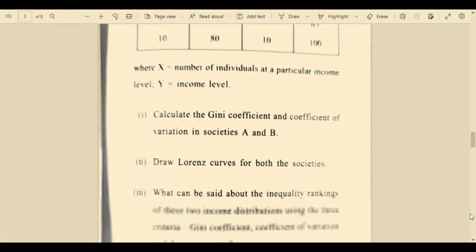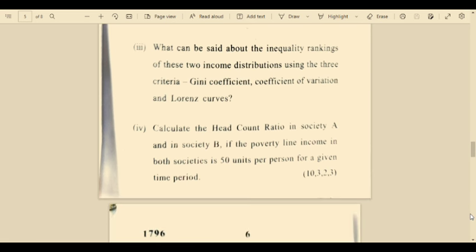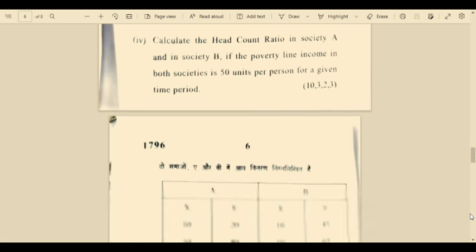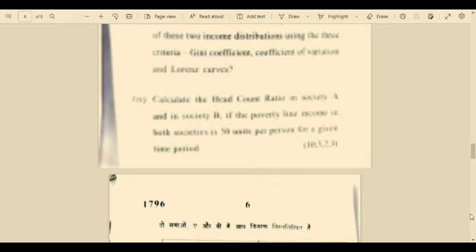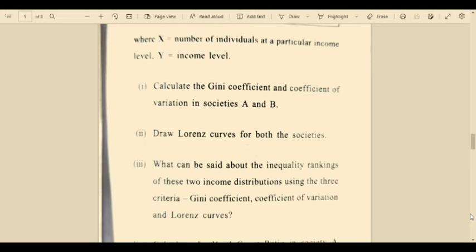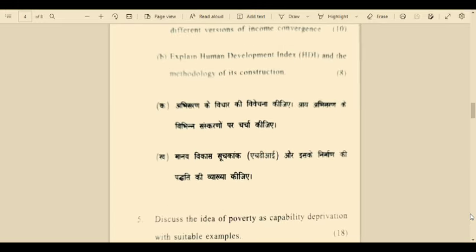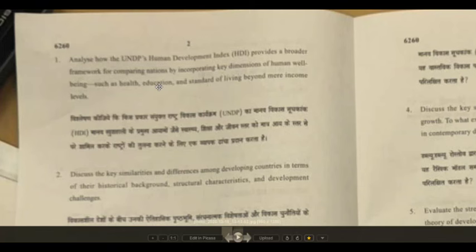So this was all about our PYQ. Now I think I've got another PYQ also, that is from BA program, but the subject is same, introductory development economics. So let's see if we can infer something about the question types from there. Okay, so question 1, analyze how UNDP's HDI provides a broad framework for comparing nations by incorporating key dimensions of health, education, and standard of living.